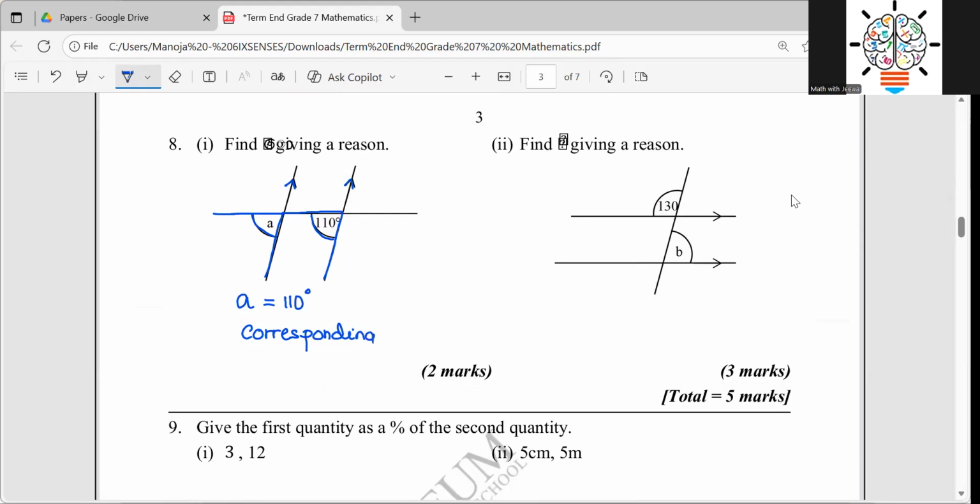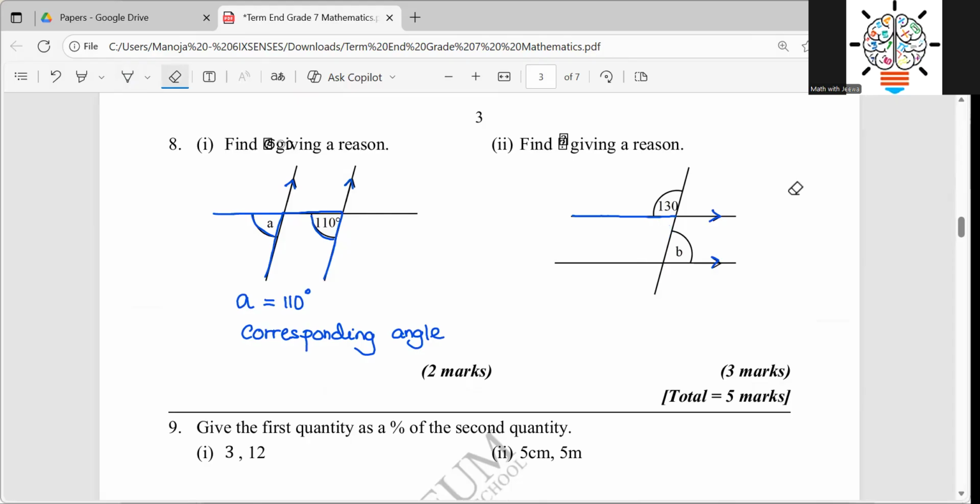Corresponding angle. Right, corresponding angle. And here that you can see, these are parallel. And then you just see, this is the Z letter. Right? This is the Z letter. Right? So then if this is B, this one also should be B.